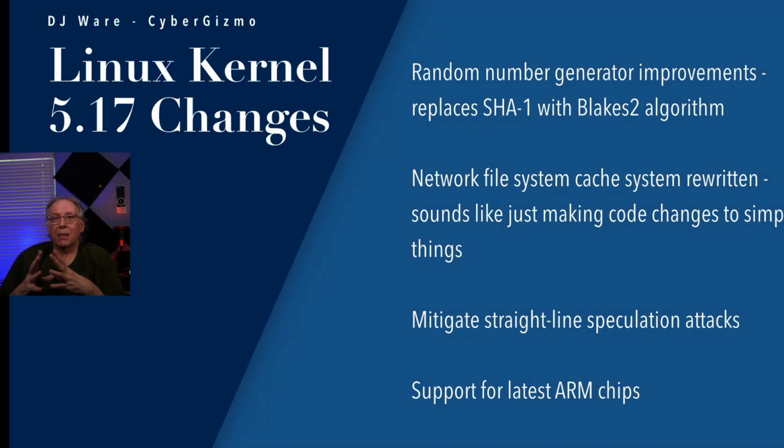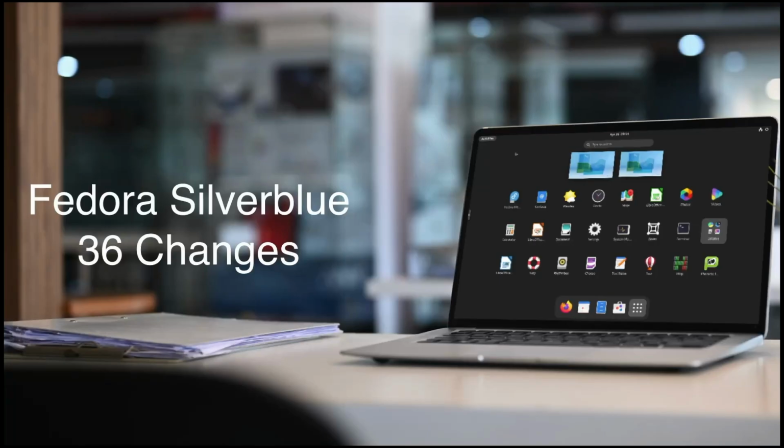So I would expect that with the 5.17 kernel, you're probably going to notice some degradation in performance, because every time you mitigate something like that, it's a trade-off between what you were doing that was high speed, and now you can't do that anymore. Also, 5.17 supports the latest ARM chips. So I guess it's good news if you have the latest ARM hardware from somewhere. If you have a Raspberry Pi, I don't think you have to worry about it.